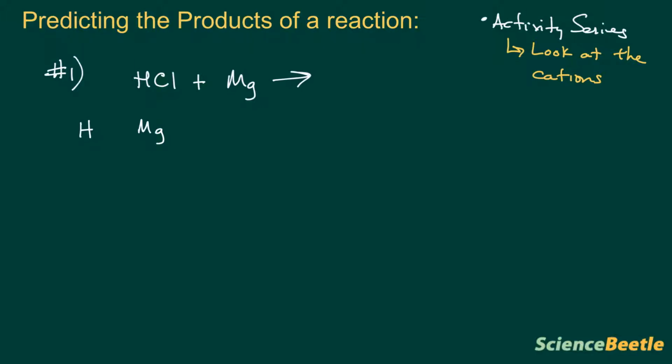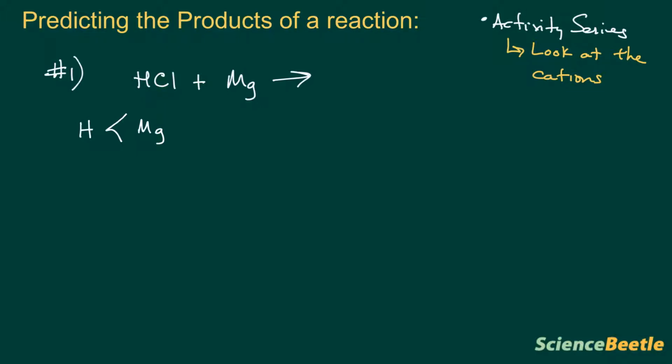In this case, magnesium is the bigger of the two. Magnesium has a higher activity series than hydrogen. What that means is that the reaction will proceed with magnesium coming in and displacing the hydrogen so that it binds with the chlorine.